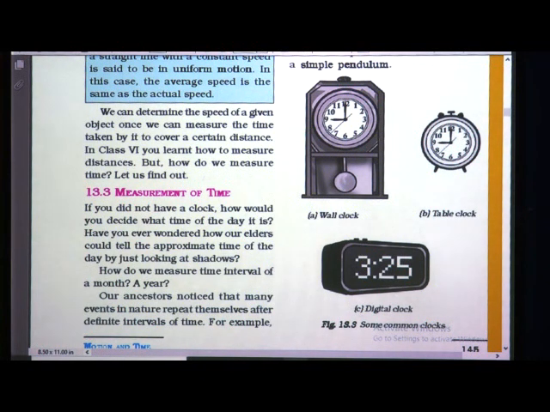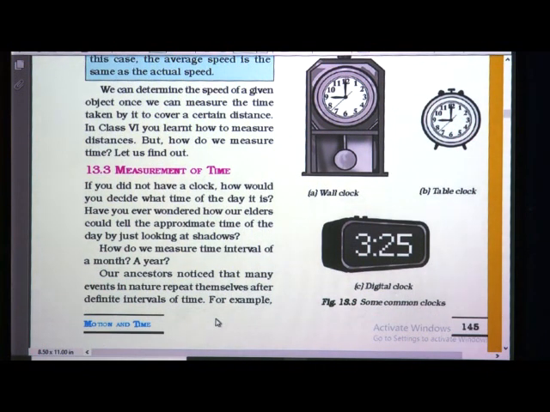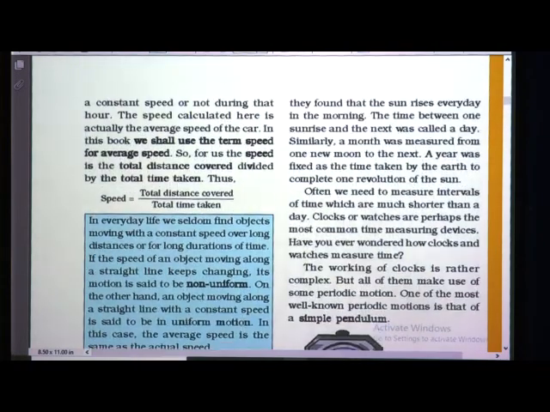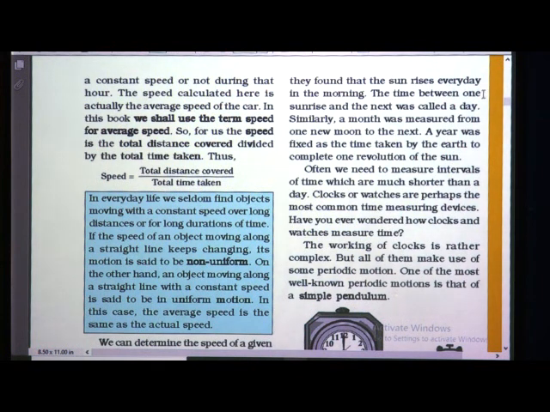What examples or events are there exactly? For example, here it is given that they found that the sun rises every day. So this is the event: the rising of the sun. Our ancestors observed that the sun rises every day in the morning.